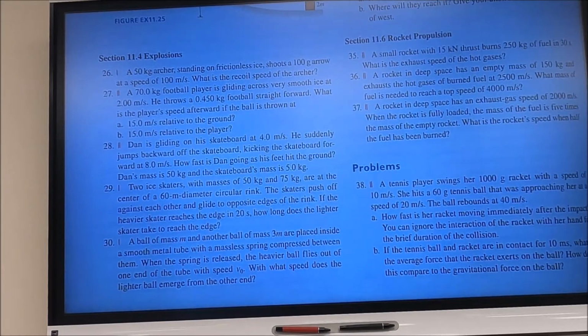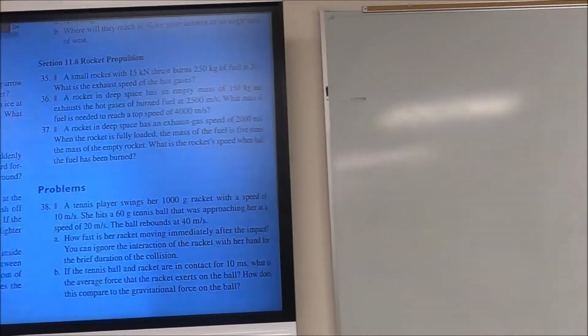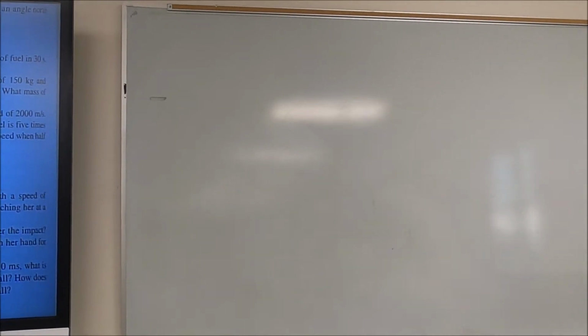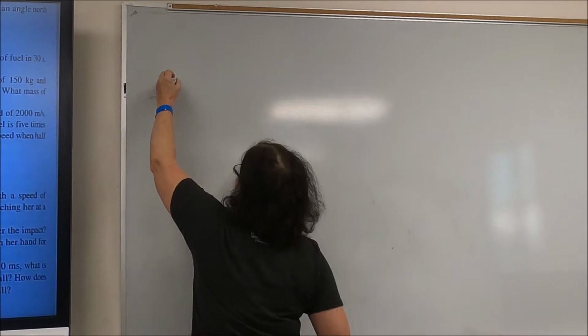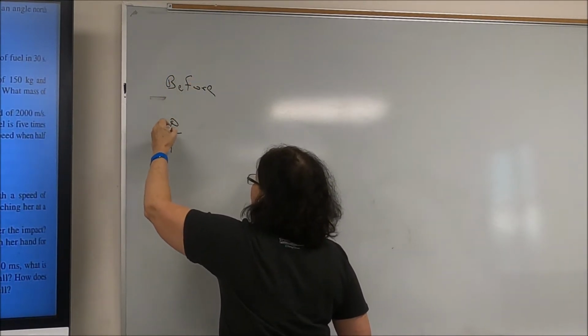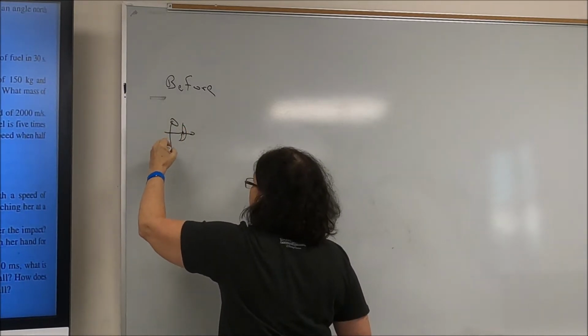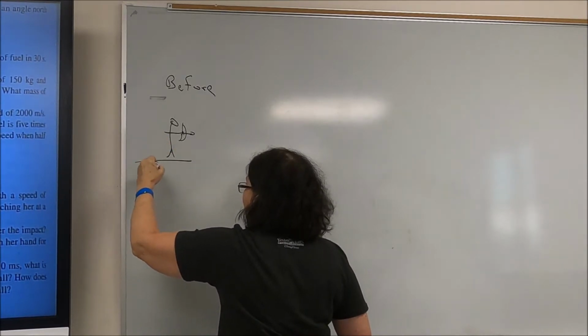Now, problem 26 says a 50-kilogram archer standing on frictionless ice shoots a 100-gram arrow at a speed of 100 meters per second. What is the recoil speed of the archer? If we look at the before, we have the archer here with the bow, with the arrow, and they're standing on ice.